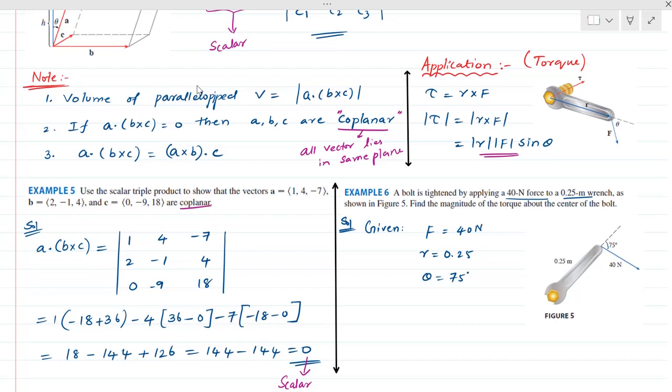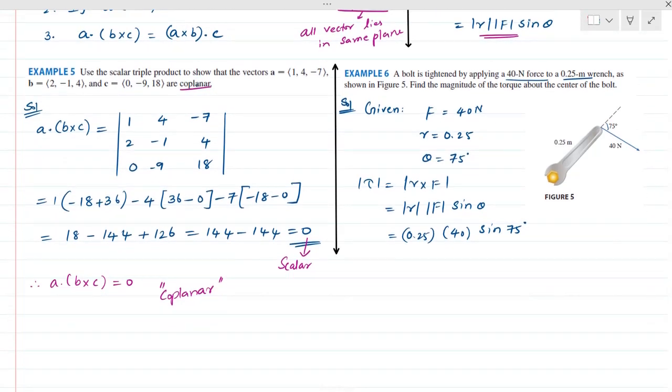Now I will use the torque. Torque is given by R cross F. So in place of that, I can use R, the magnitude of F, and sine theta. Just substitute the values: 0.25, the force is 40 newtons, and sine 75 degrees. After multiplying, you will get 10 into sine 75.